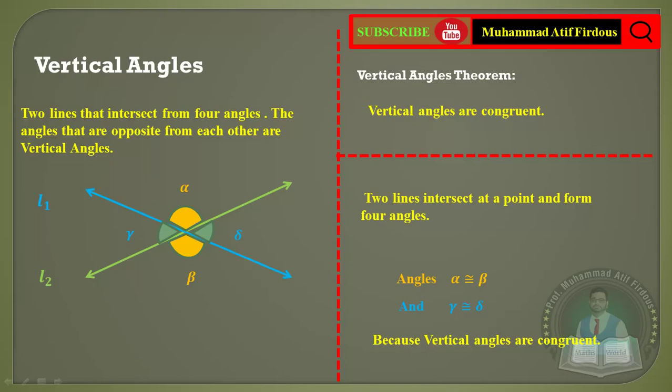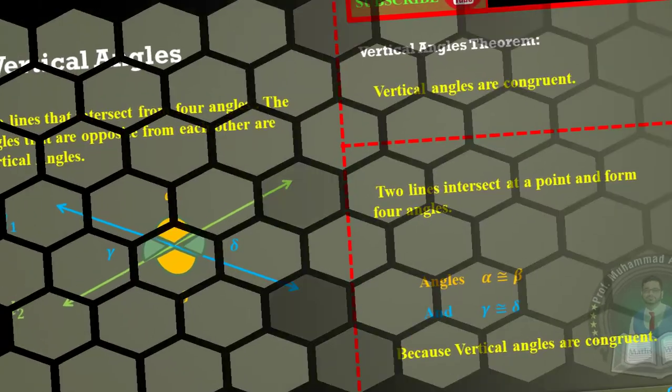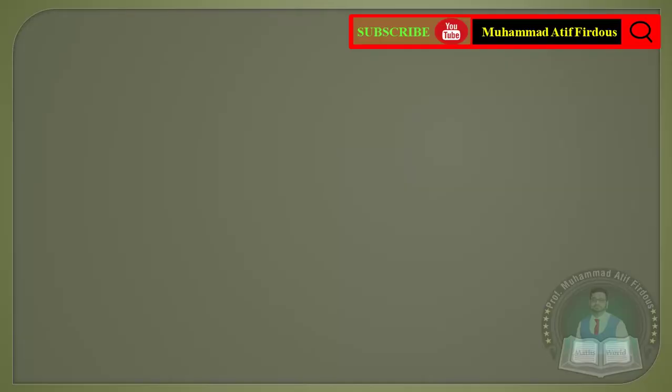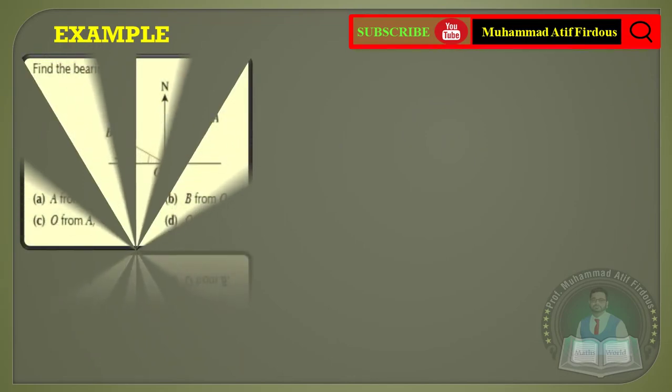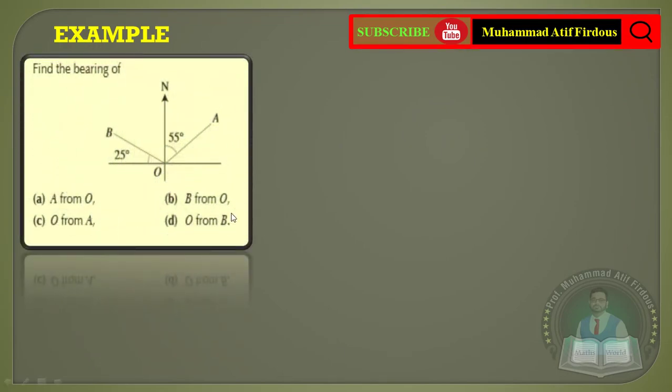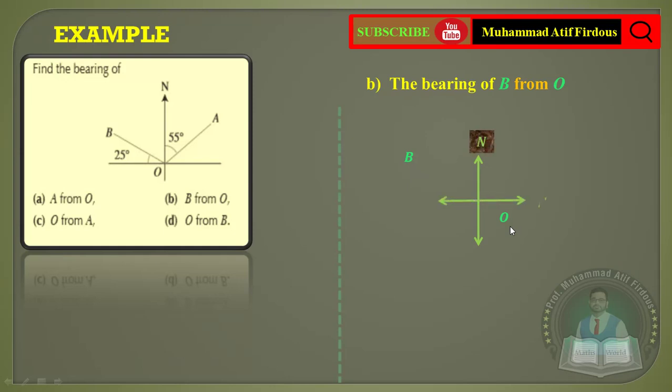Now I am going to continue our example, in which we have to find, in the second part, the bearing of B from O. This is your point B, this is your point O, and make a north line at point O. So this is your north line, east, west, south.